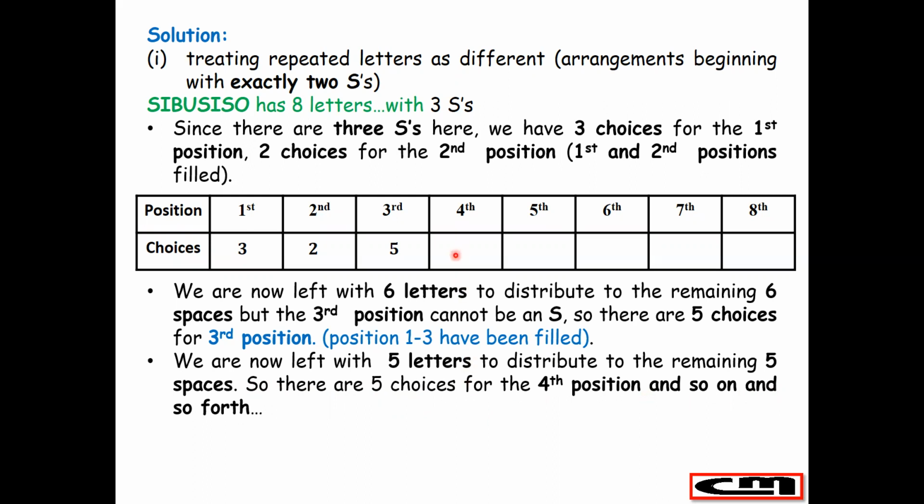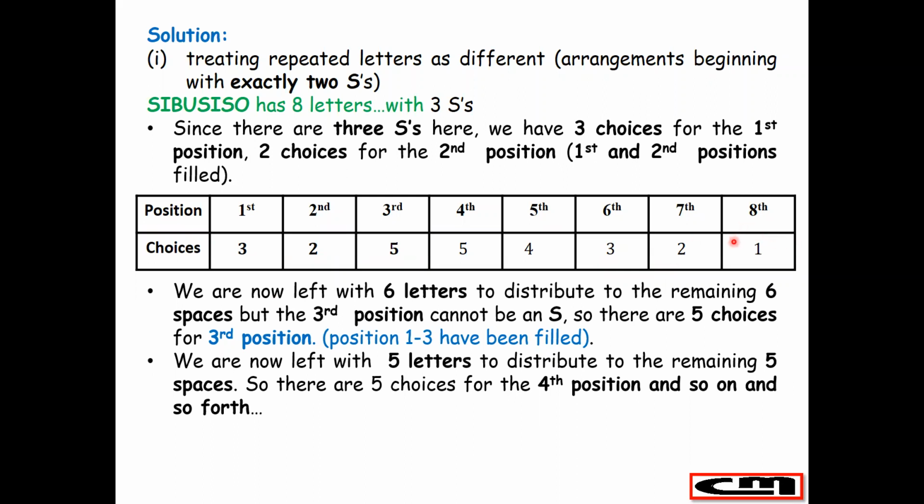That means in this position, I now have 5 choices, because the 3 have been put there. Then once this is filled, I remain with the 4. Filled 3, filled 2, filled 1. So now I have filled all the 8 positions.